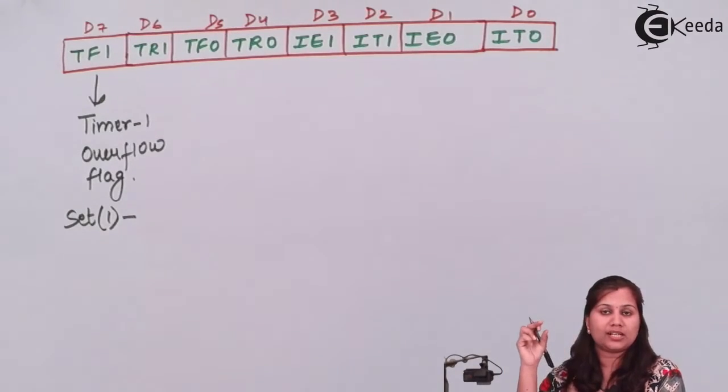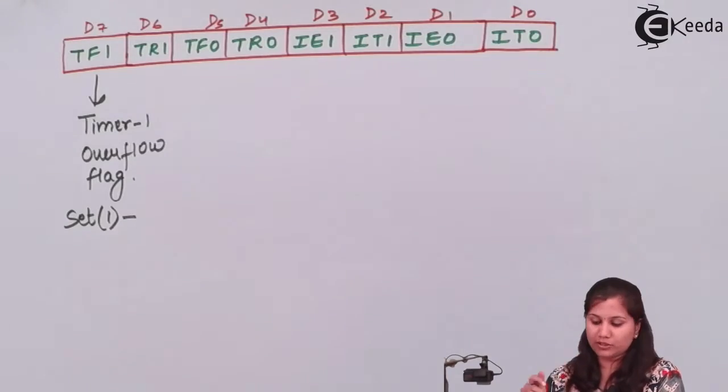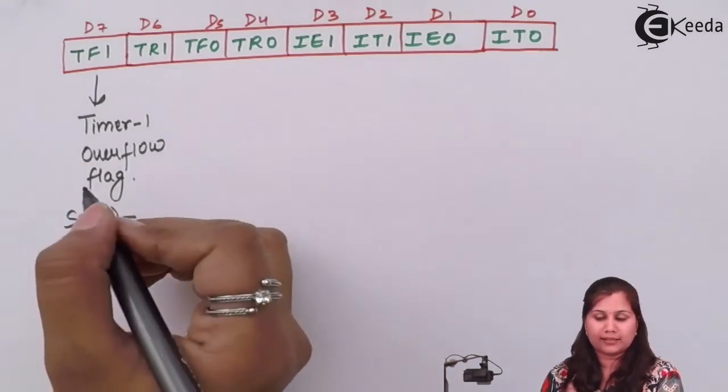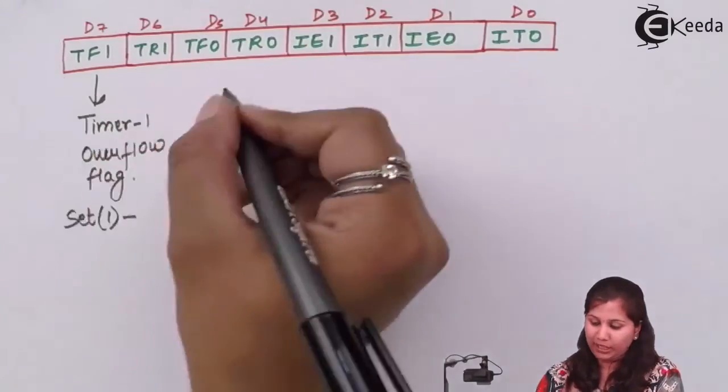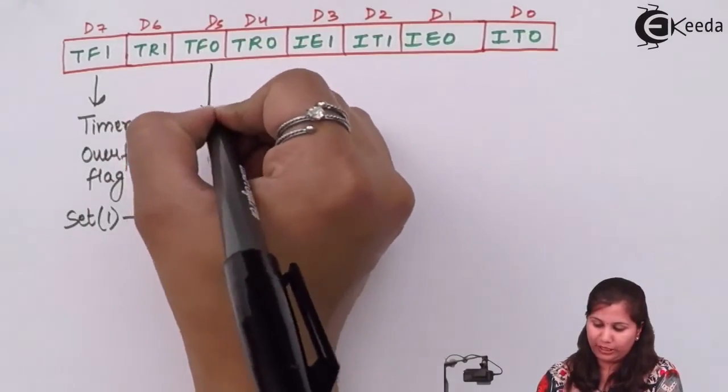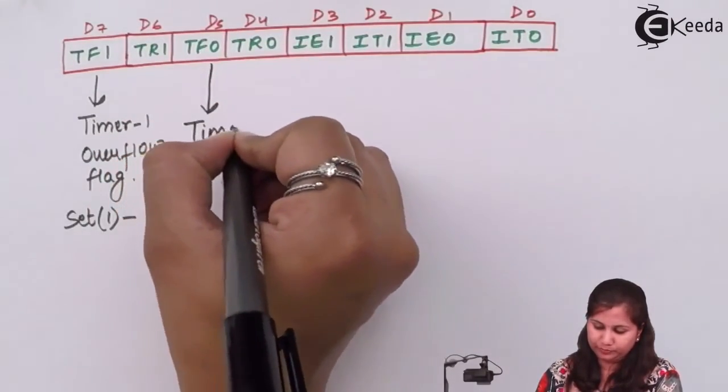So when the maximum count value is achieved, this bit is set; otherwise it is reset. This is for timer 1, and TF0 is for timer 0.